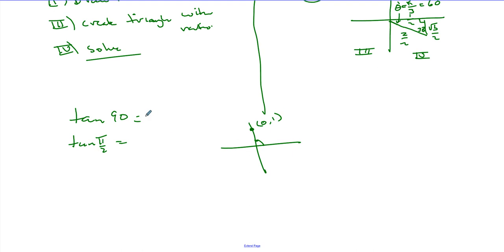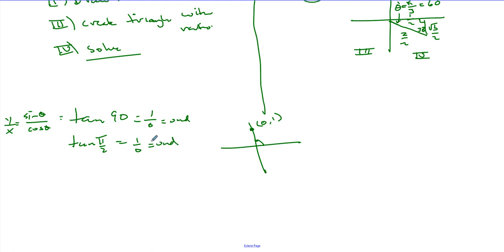Tangent is, well, if you also know, one of the ratios of tangent is sine over cosine, which we know is y over x. Sine y, cosine x. And so, for the tangent of 90 degrees, tangent of 90 degrees is going to equal y over x, 1 over 0, which we know is undefined.